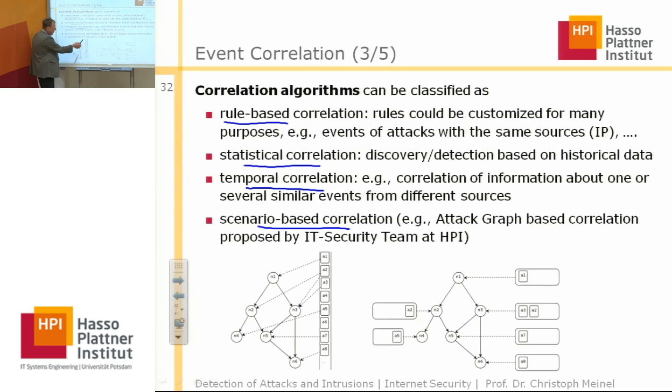So here we have the sequence of events, and from the sequence of events such attack graphs are constructed. The attack graphs model a complex attack scenario consisting of several such single attack events.